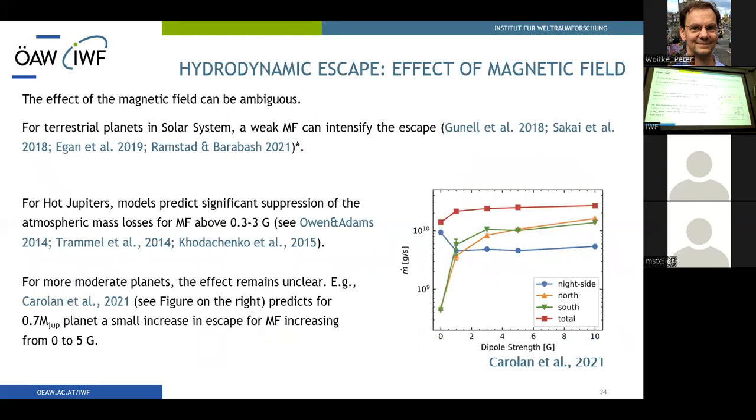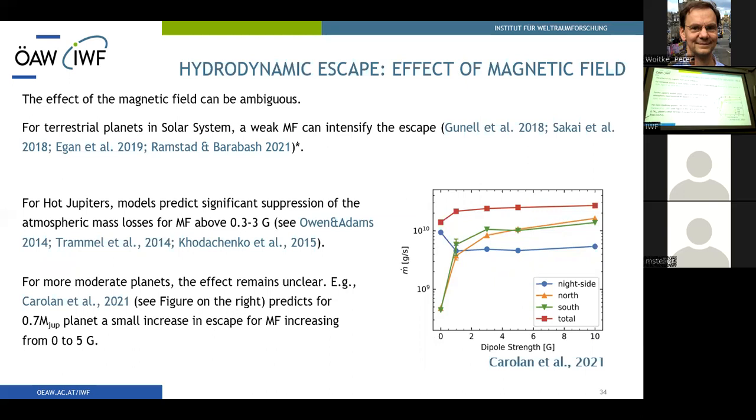So now I come shortly back to the magnetic fields. Now, as we have passed through all the escape processes, there exists a paradigm that the presence of a magnetic field is necessary to protect the atmosphere from escaping. And indeed, if the atmosphere of a planet is compact enough, the presence of a magnetic field at least means that it does not interact with the stellar wind directly anymore.